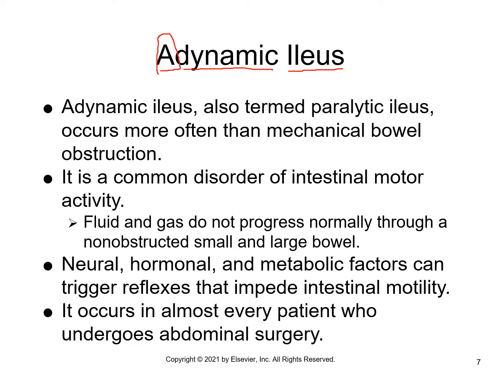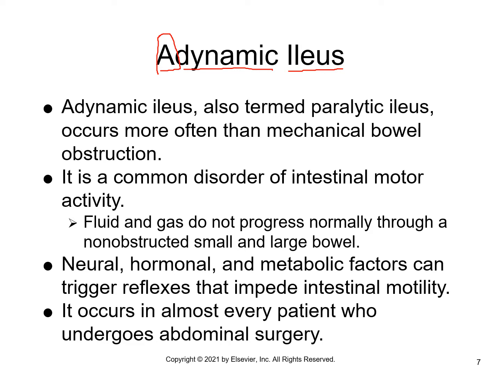So the causes of this, like I said, can often be due to something like surgery, or it could be a neurologic problem. For our bowels to move normally in peristalsis, we have to have our neural system working correctly to trigger those movements. So sometimes if we have some sort of neural problem, or the neurons aren't functioning correctly because the bowel's been manipulated during surgery, we can have an adynamic ileus.